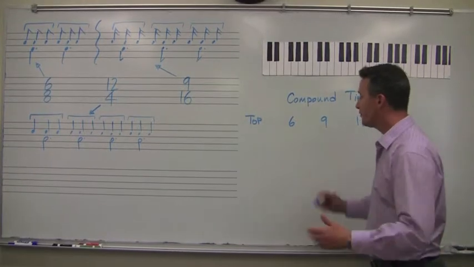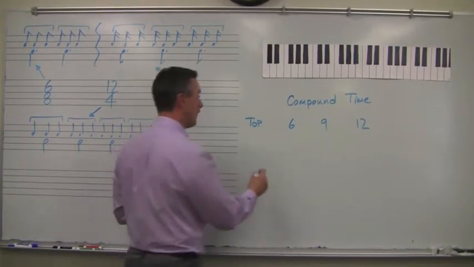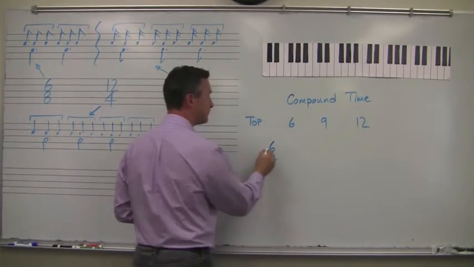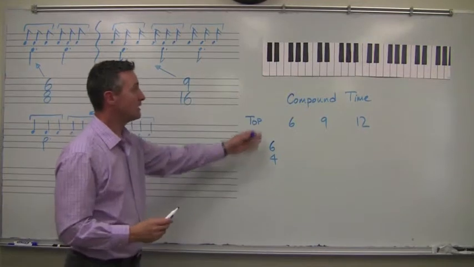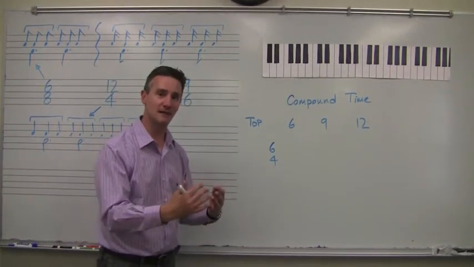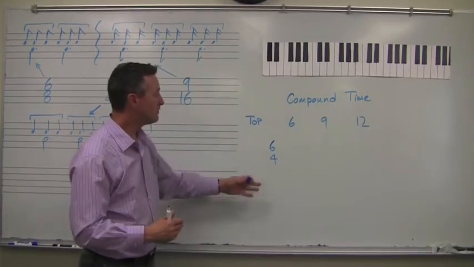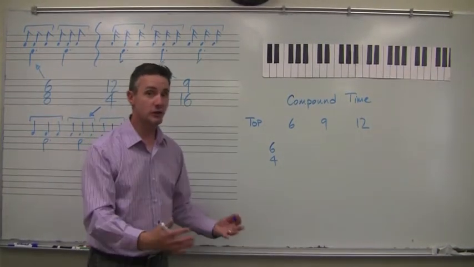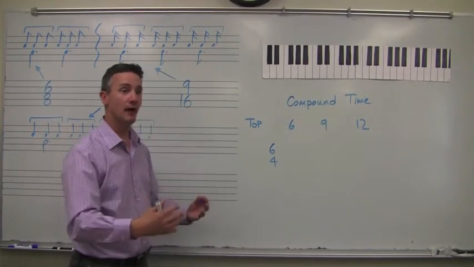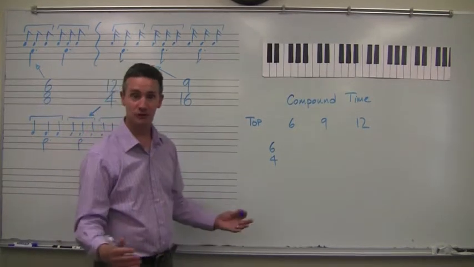So the bottom number could be any number that represents a note value. You could have 6/4 time. The 6 is telling you that you're in compound time. I'll tell you specifically what it means in a moment. The 4 is telling you that there are quarter notes involved in how we divide our time up into measures.